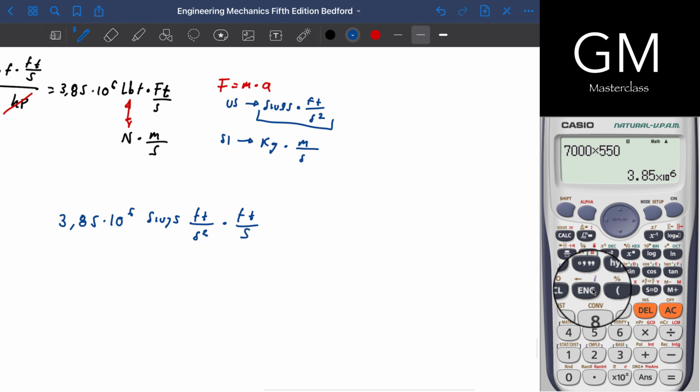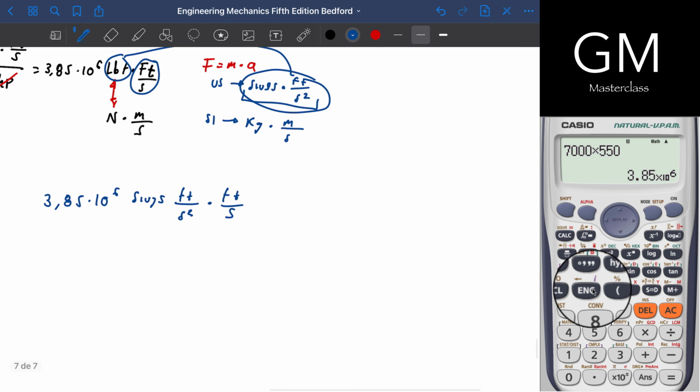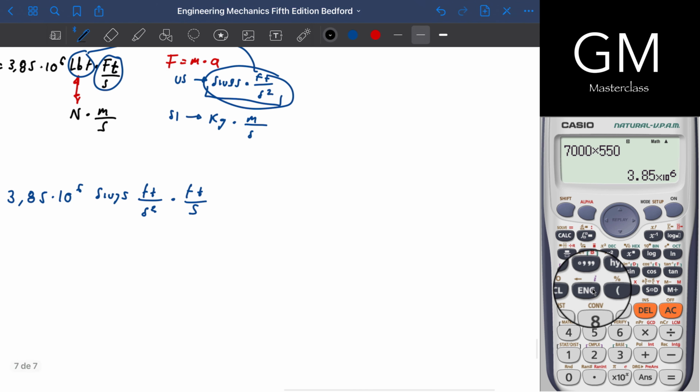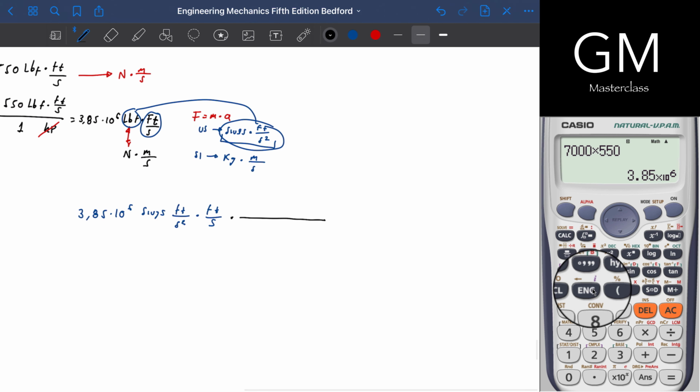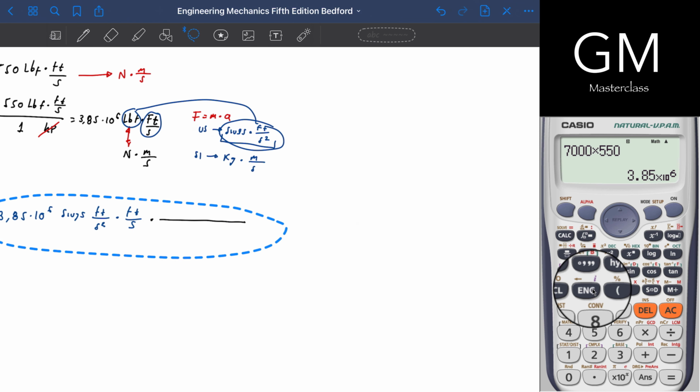Okay, because I have this and I have this, which is equal to this. And I just have to transform those into international system units. So I'm going to multiply it by a lot of equivalences in order for me to do that.